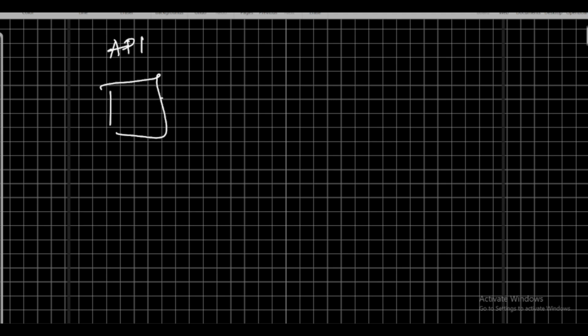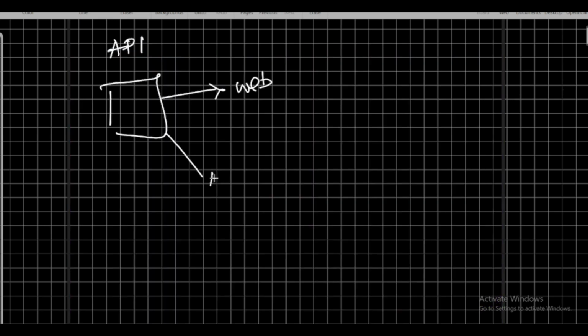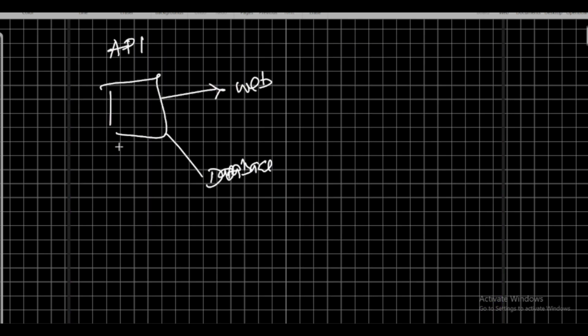Maybe you have your web, your other applications, a database somewhere on the cloud, or another system you want to connect to, or maybe your Google Drive. This is the API tool.